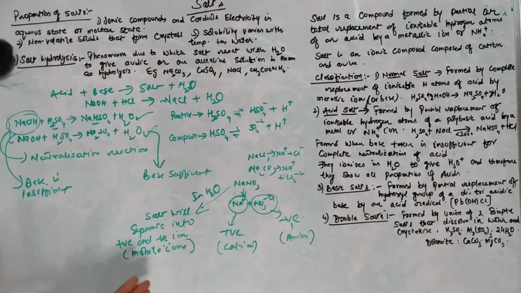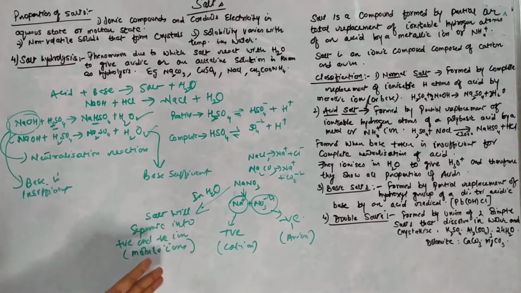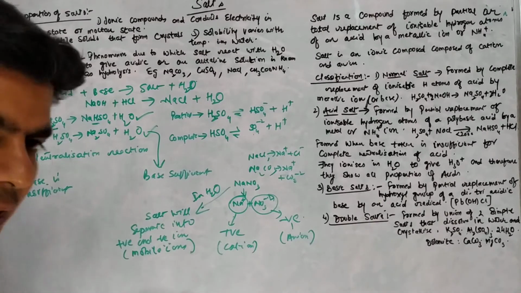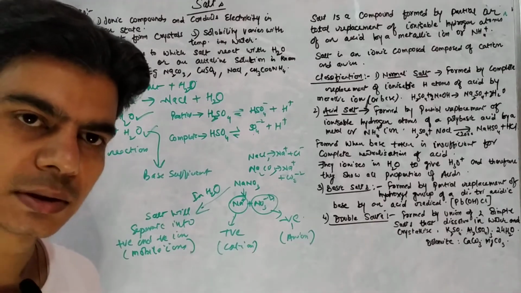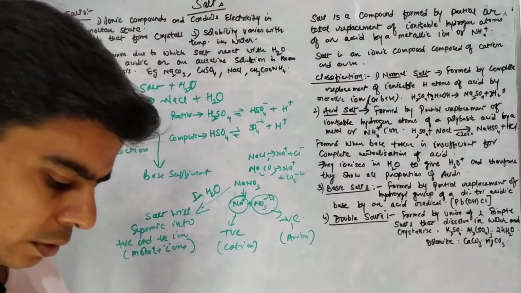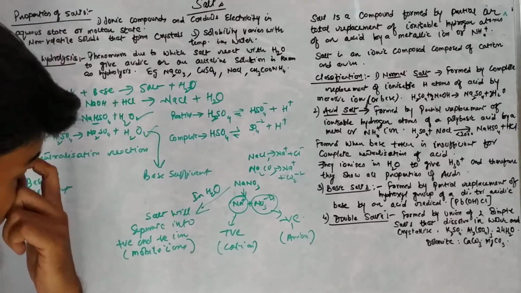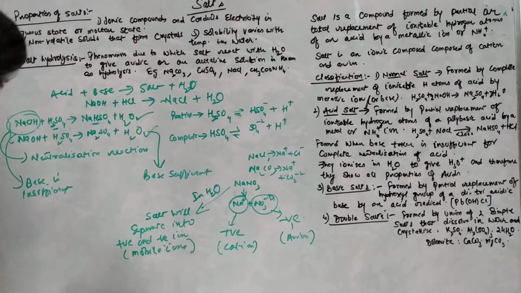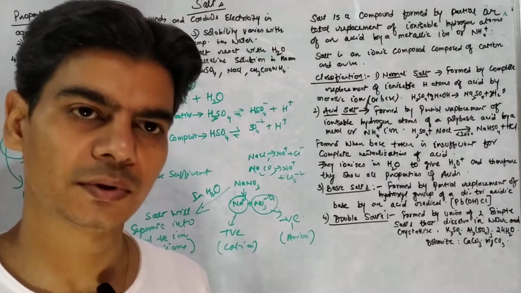Since salts in water form positive and negative ions which are free mobile ions, it is due to these free mobile ions that solutions of salts are good conductors of electricity.